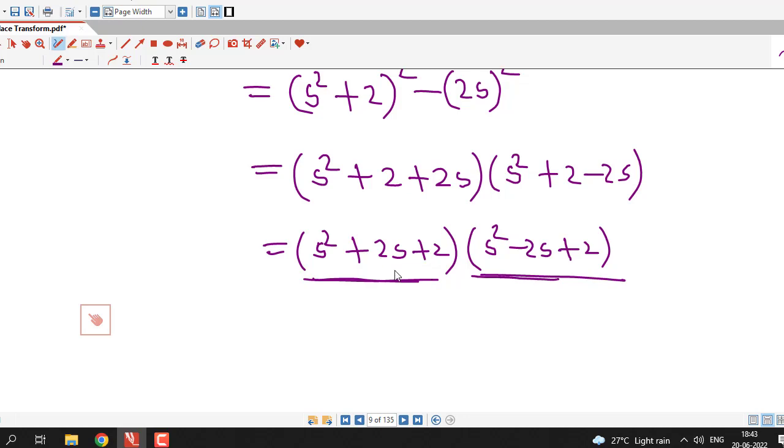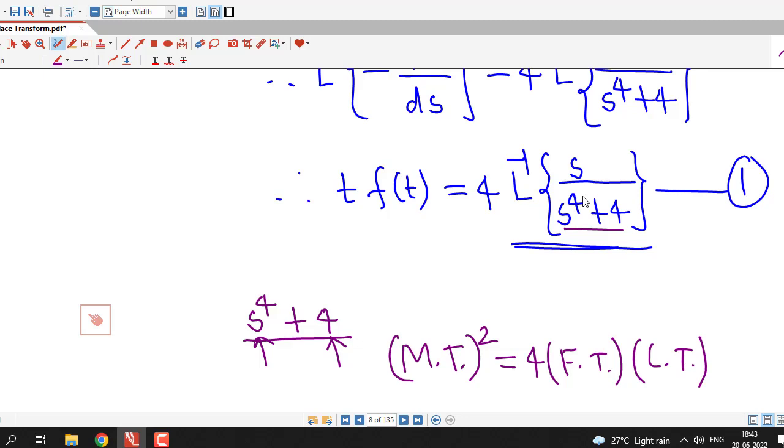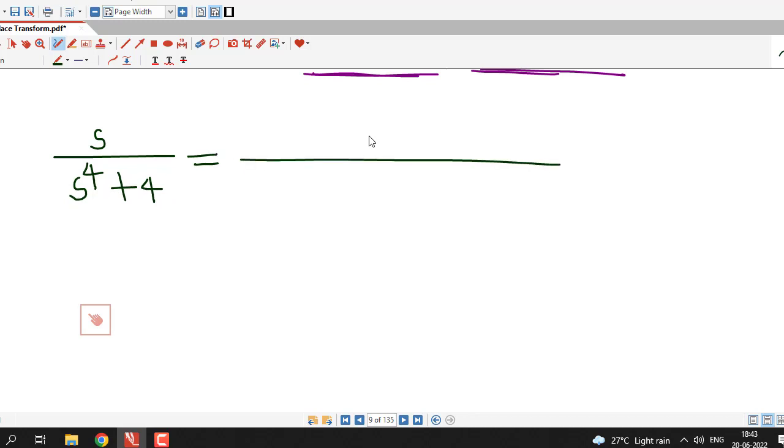So we keep these two as they are and we substitute them in this function. Our function is s divided by s raised to 4 plus 4. So now s divided by s raised to 4 plus 4 is s divided by the product of these two polynomials, s square plus 2s plus 2, s square minus 2s plus 2.